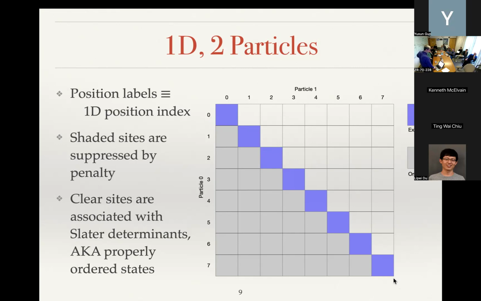Why do you throw out the exchange? I have particle 1 in position 4, particle 0 in position 1, and why do you throw out the opposite? Oh, you mean these darker blue? No, that is clear, right? But the other one, where particle 0 is in 4 and particle 1 is in 1.